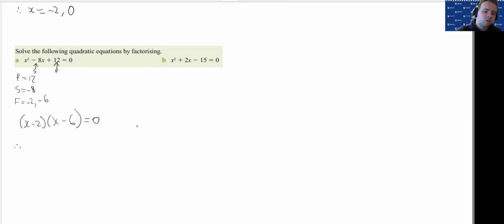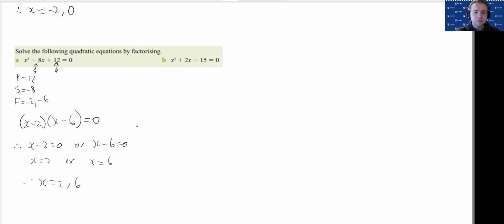So therefore, with two things multiplying together, either x - 2 = 0 or x - 6 = 0. If x - 2 is 0, if we add 2 to both sides, then x = +2. If x - 6 = 0, then if we add 6 to both sides, then x = +6. So therefore, x = 2 or 6.